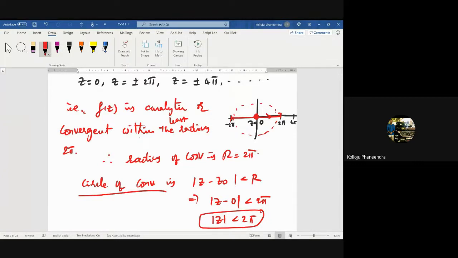But in between 0 to 2 pi, is it analytic? Yes, sir. That means the radius which is less than 2 pi, the function is analytic, means convergent. Got it? So I am selecting only the least radius. Okay, sir. Right.